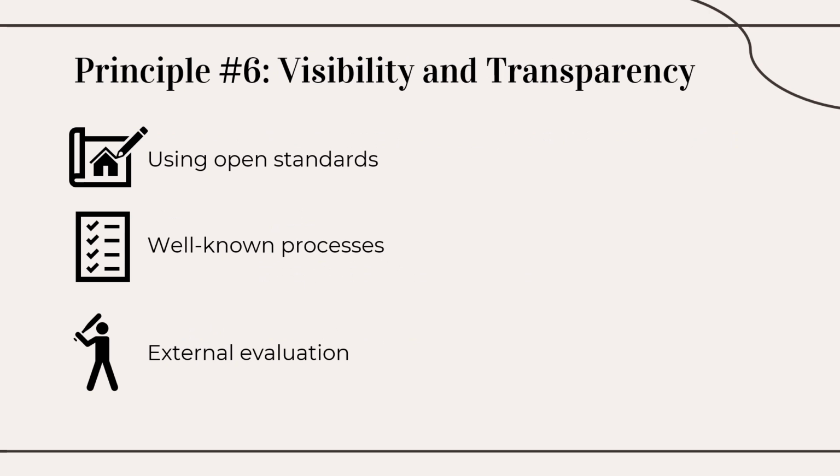The sixth principle is visibility and transparency. This is basically using open standards, using well-known processes, making sure that your efforts towards security are visible and you're transparent about it. These open standards could entail using a well-known cipher system instead of implementing your own.